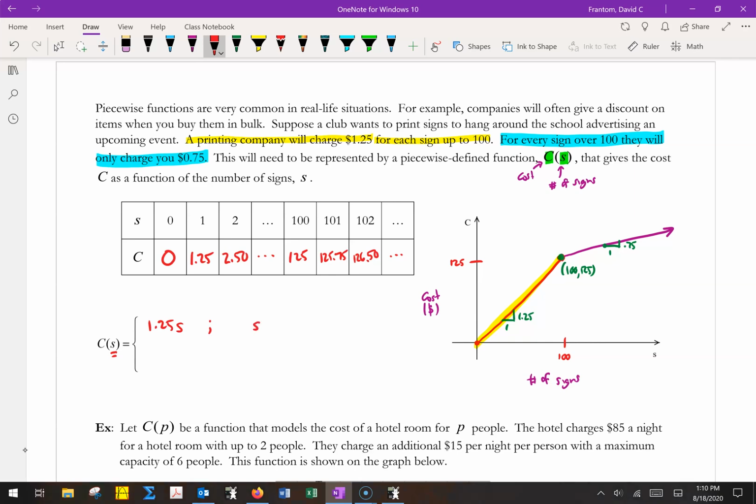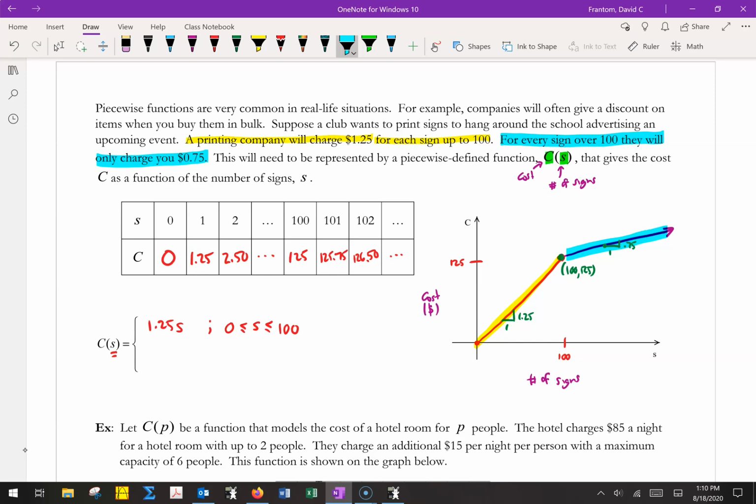But this is only going to work for signs between 0 and up to 100. So the yellow portion of the graph there is a linear function, 1.25s, and it's restricted from 0 to 100, including 0 and including 100.